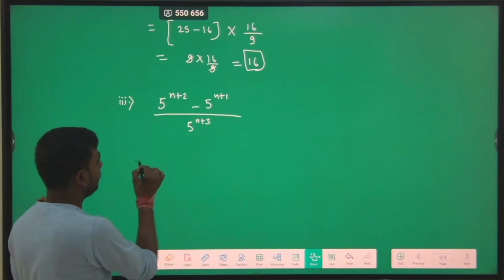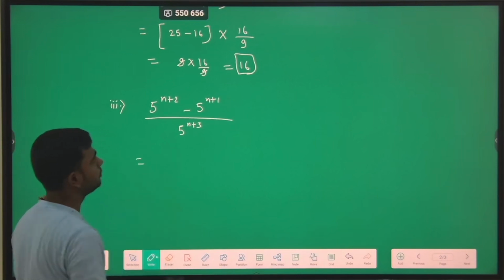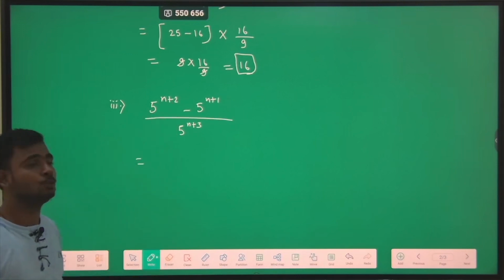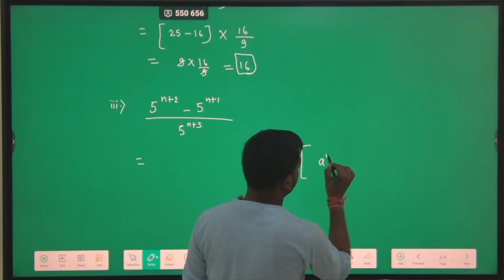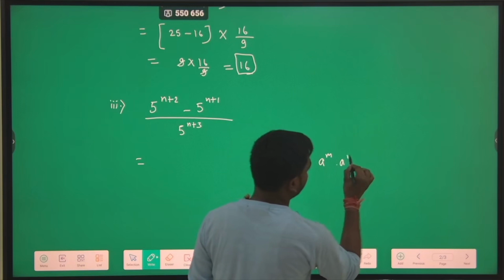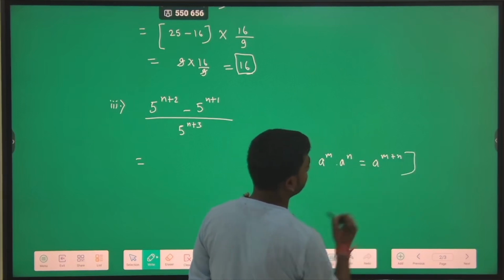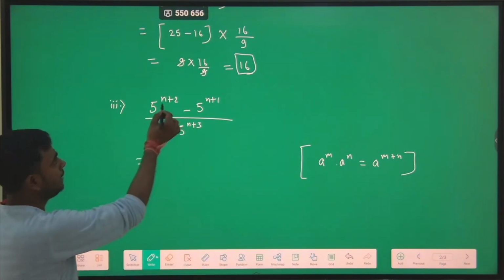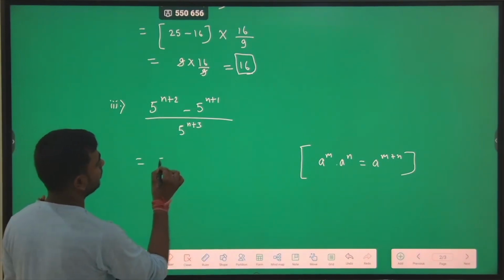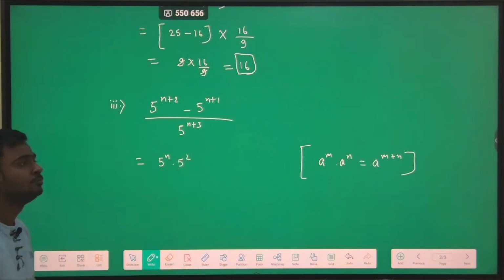So to solve, what we will do, 5 to the power n plus 2. We know the property a to the power m multiplied with a to the power n is actually a to the power m plus n. So we can write 5 to the power n plus 2 as 5 to the power n multiplied with 5 to the power 2.